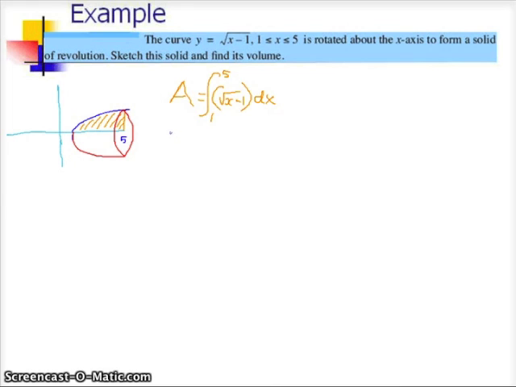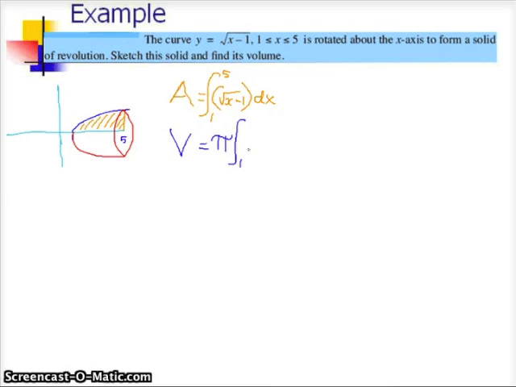To turn this into volume, the formula doesn't change very much actually. The volume of the shape is going to be equal to, well, first of all, the area gets turned into a circle, so that's where the pi comes in, and pi is a constant, so we keep that out the front of our integration sign.